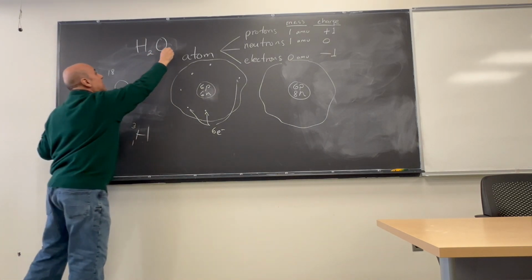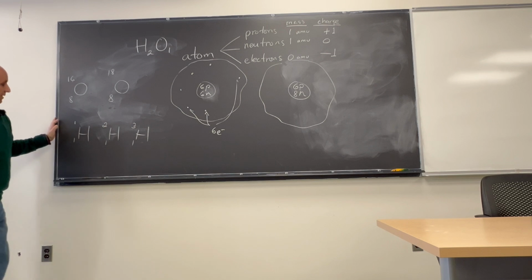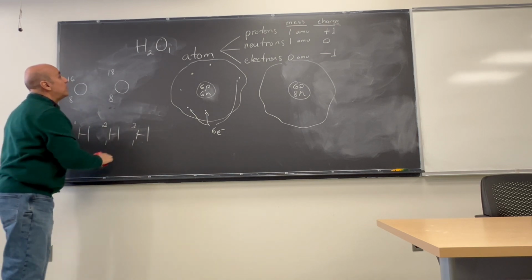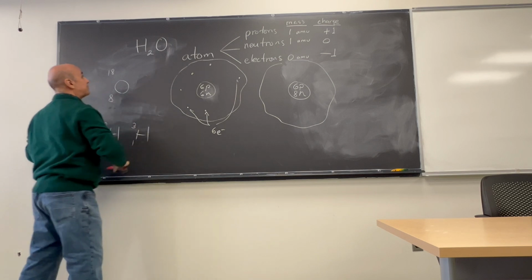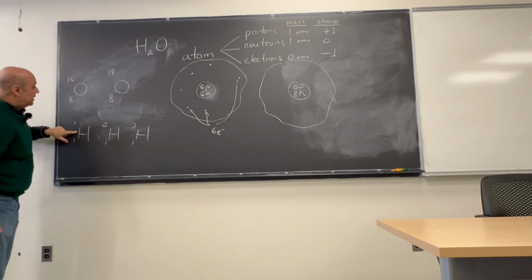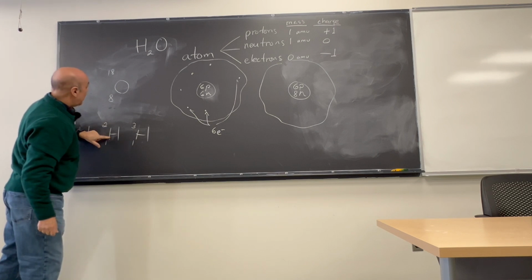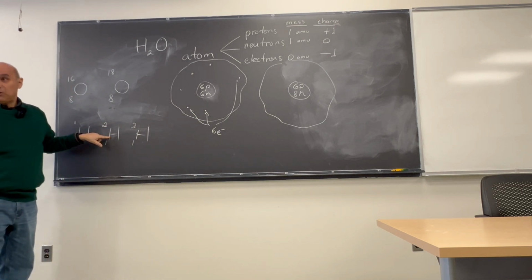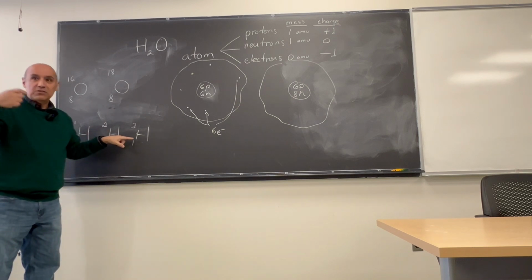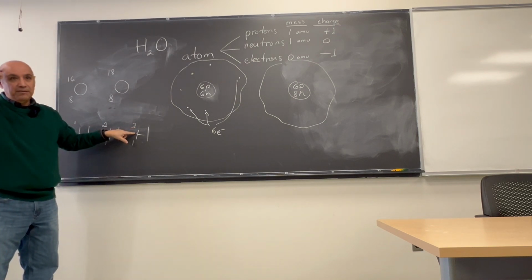There's actually a 1 here that we never write. Whenever you don't see a number in a molecular formula, that means there's a 1 there. But this water can have this type of hydrogen, or it can have this type of hydrogen, which we would call heavy water because it is heavier. And then the heaviest water would have this one.